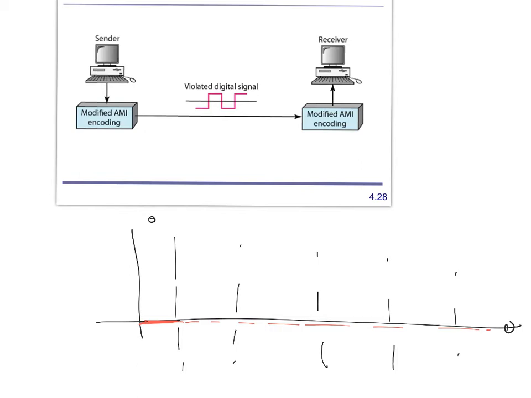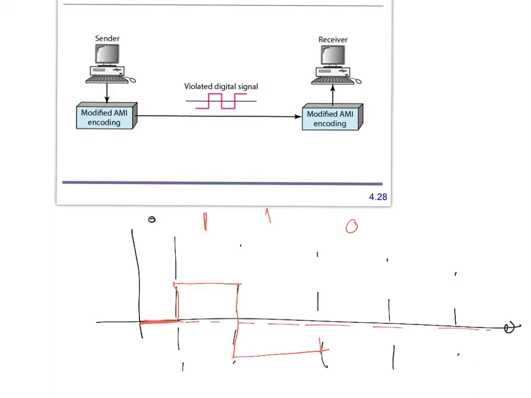So the idea is that AMI tries to maintain the same bandwidth, n over 2, and it tries to solve the problem of self-synchronization at least in one case, which is the ones. So if you have 1, then you go positive. But if you have another 1, then you go negative. Okay?